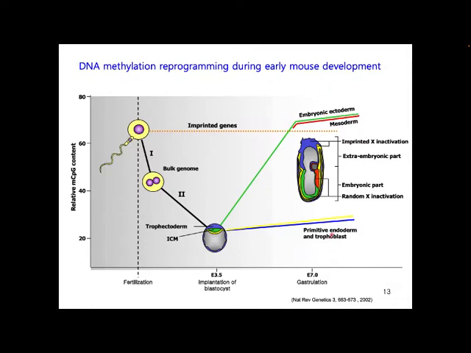The primitive endoderm and trophoblast, which do not constitute the embryo, have a very slow increase. So there are different methylation patterns in different regions of the embryo. That's one of the typical characteristics of DNA methylation in the early embryo.